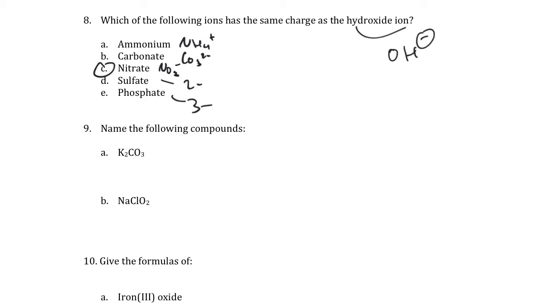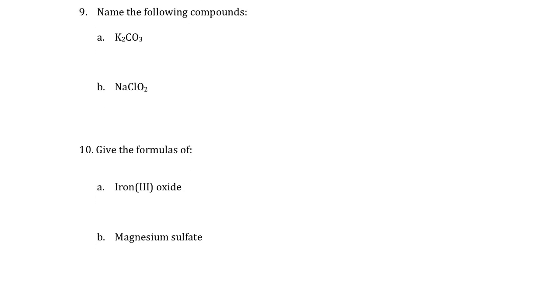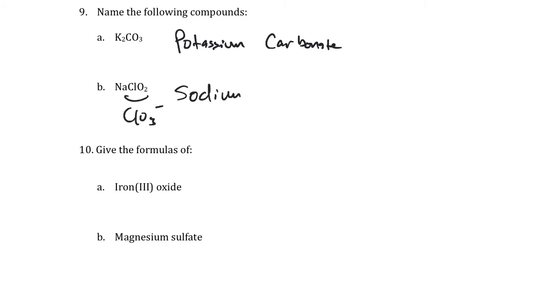Moving on to 9. Now our tests are multiple choice, but we can do some naming here, examples to make sure we get through plenty of examples. So K2CO3, that's just potassium carbonate. Then we got sodium. Now I go to ClO3 as the 8th, so this is sodium chlorite.